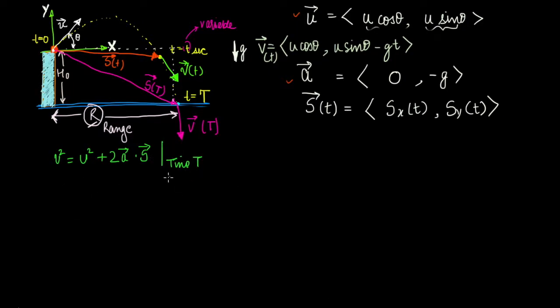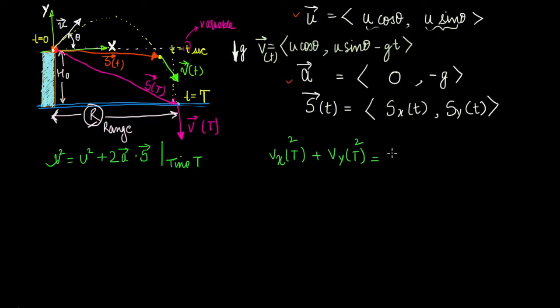So let's try to do that. What do we know? V square would be Vx of capital T square plus Vy of capital T square. That's taken care of. What about u square? Well, u square is just the initial magnitude of velocity squared, so that would be u squared.